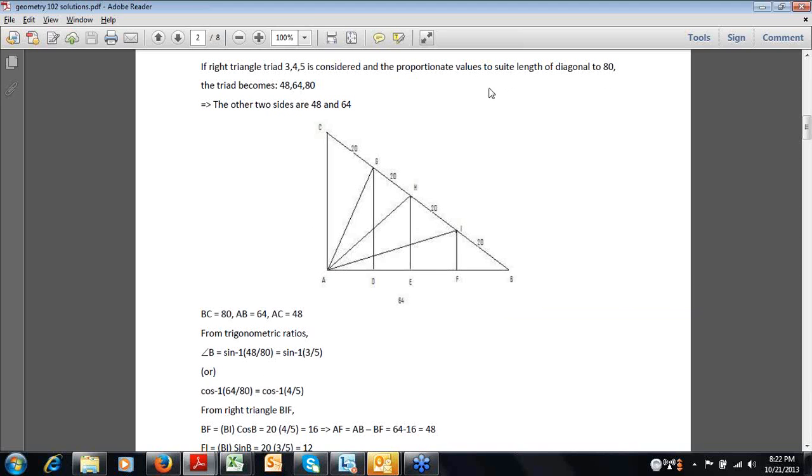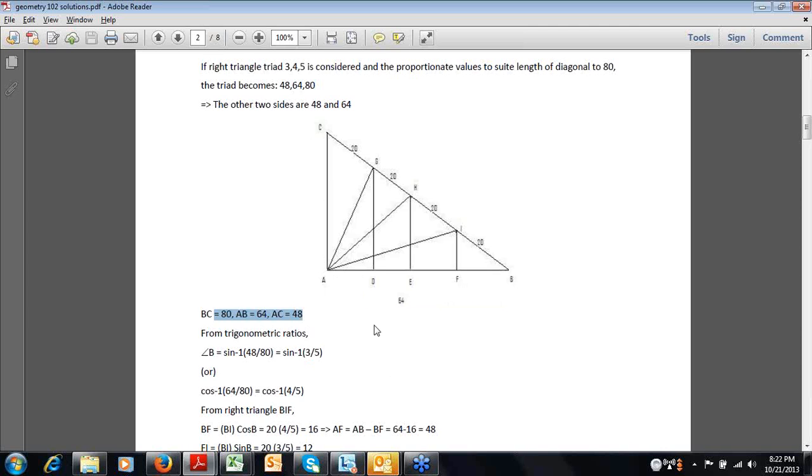And the proportional values of the sides are 48, 64 and 80. So the other sides are 48 and 64. So we know BC is 80, AB is 64 and AC is 48.